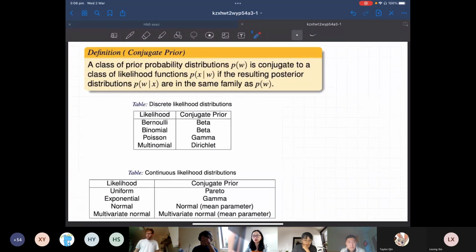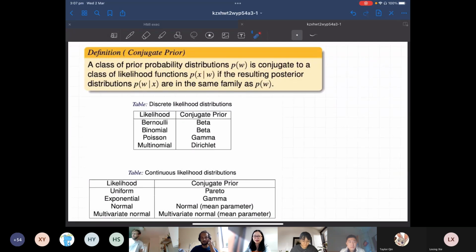But if we do know something about W, such as that the magnitude of W is not too big, or that some dimensions of W might have larger values than other dimensions, there are mathematical ways of specifying this knowledge, which can be encoded in this prior P of W. Having an analytical expression for P of W allows us to estimate what's called the posterior, P of W given X. Conjugate prior refers to the fact that the posterior of W and the prior of W are the same kind of probability distribution.